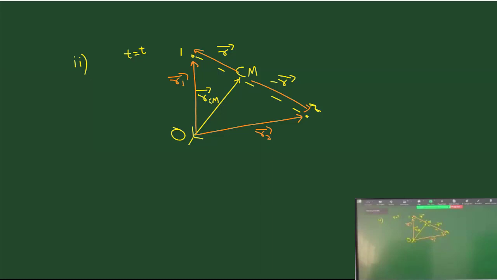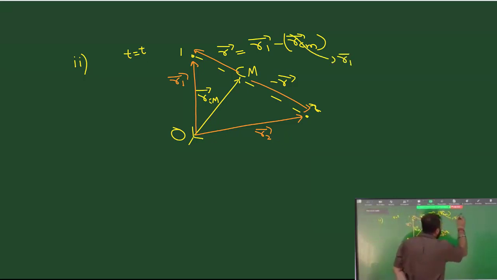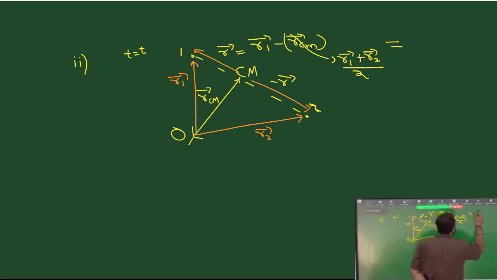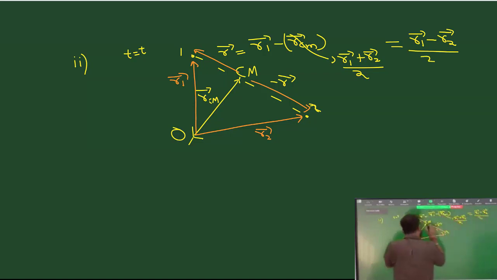And R vector here comes out as R1 minus R_CM, and because they are equal masses, R_CM is simply (R1 plus R2) divided by 2. So what comes up is (R1 minus R2) divided by 2. With respect to the center of mass, his position vector is this. And the other one, this minus R, is the negative, so this is (R2 minus R1) by 2. Now, fine.